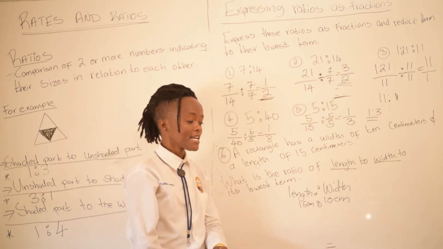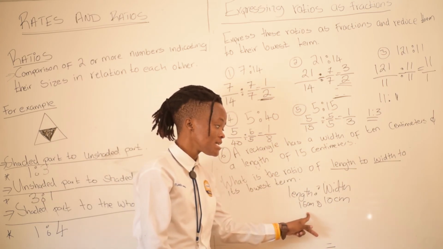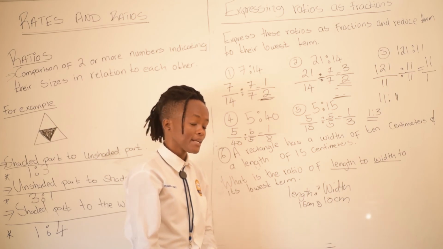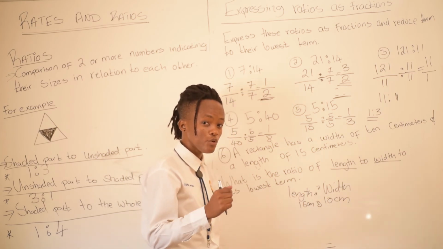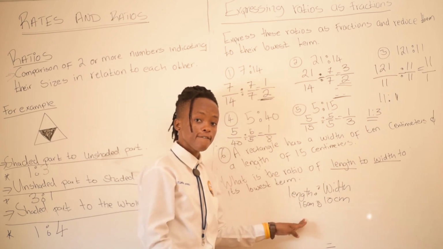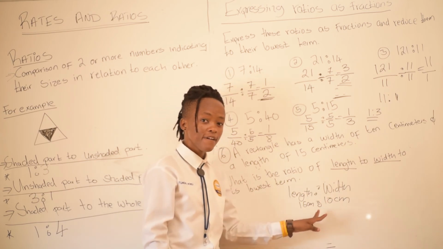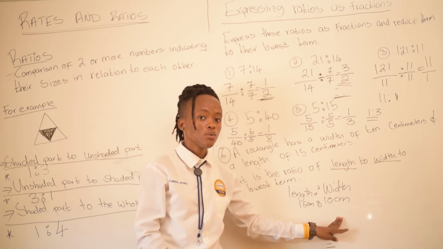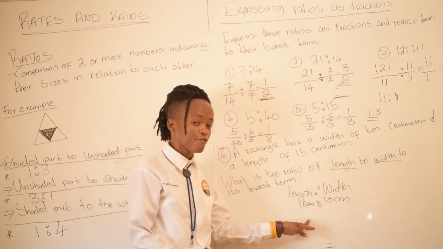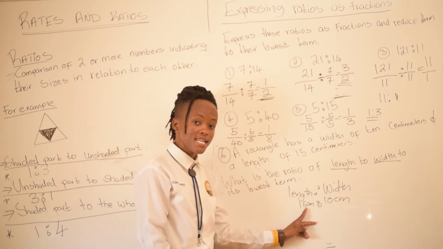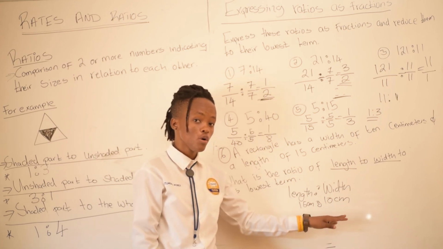So we find a number that can get into 15 and at the same time get into 10. Remember I said for you to get this number, you have to find factors of 15 and factors of 10. The factor that is common is the one that we are going to use. So that factor will be 5. 5 can get into 15 and 5 can also get into 10.